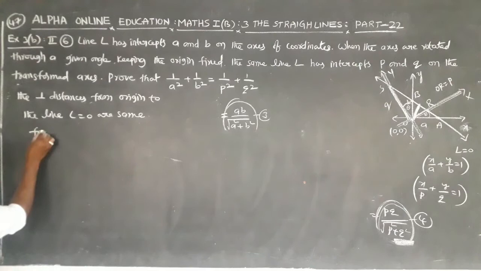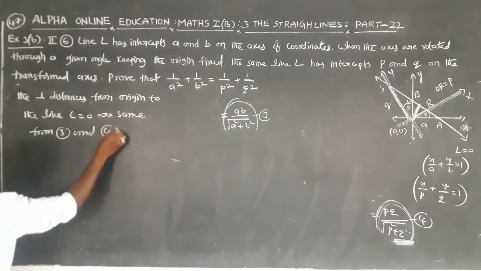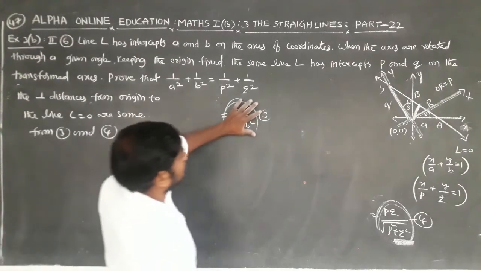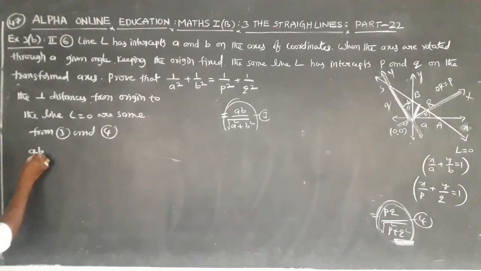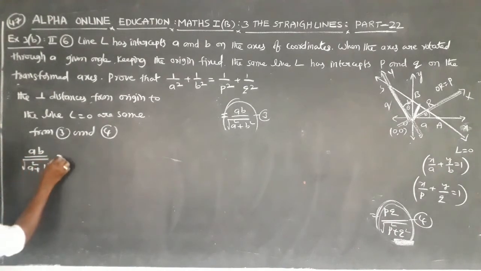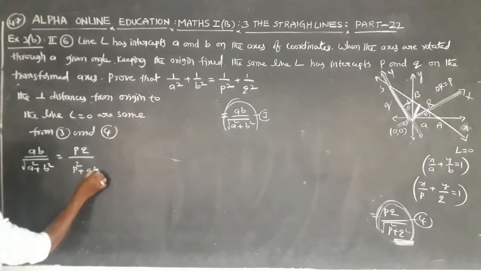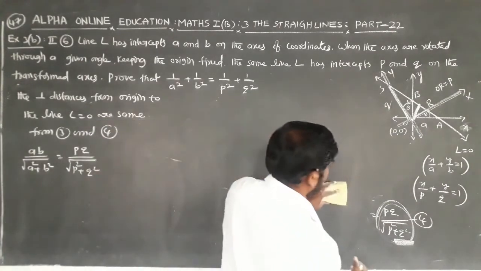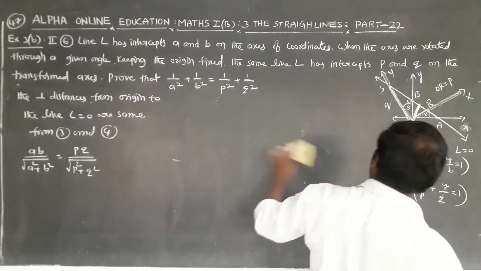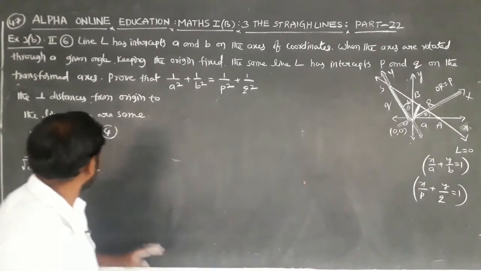So from equations 3 and 4, this is the perpendicular distance: AB by under root of A square plus B square is equal to PQ by under root of P square plus Q square. The perpendicular distances from the origin to the lines are equal.